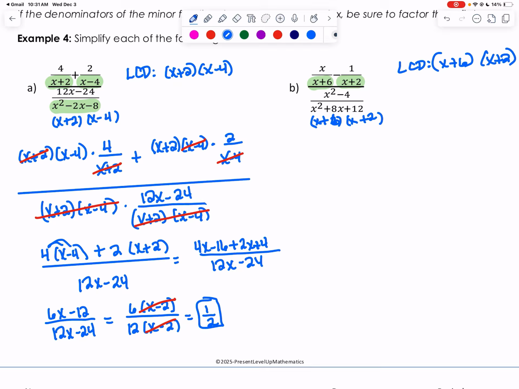All right, welcome back. Let's see how you did. All right, so I'm going to write out that step that everybody hates because it can get to be so cumbersome.